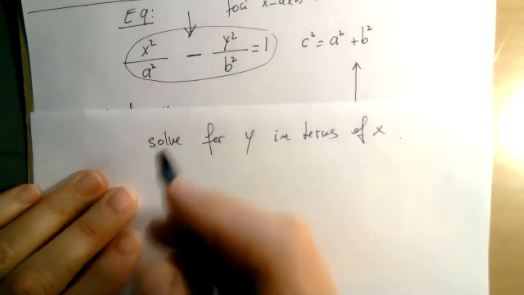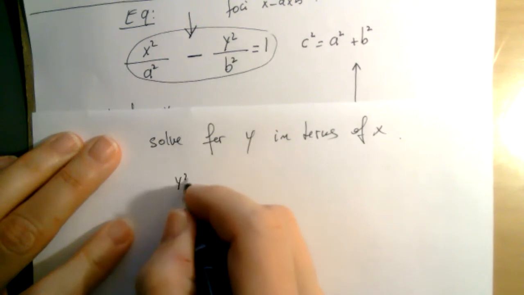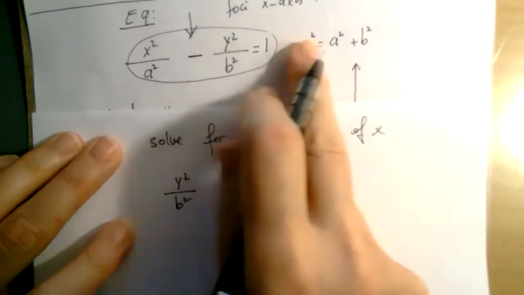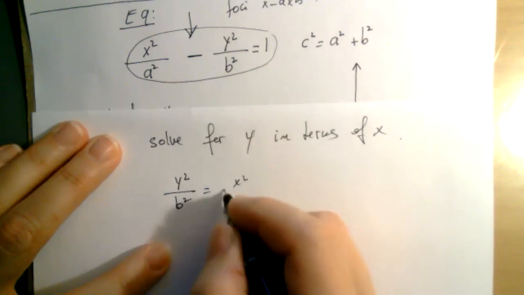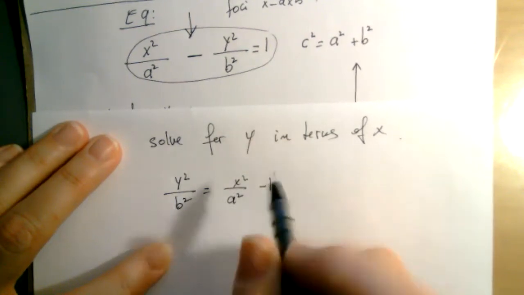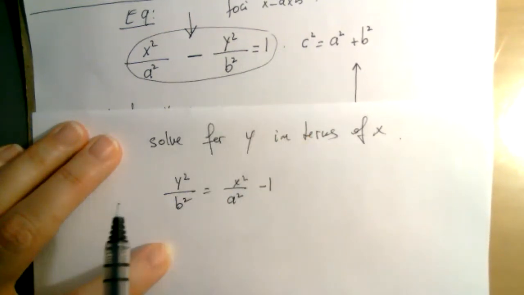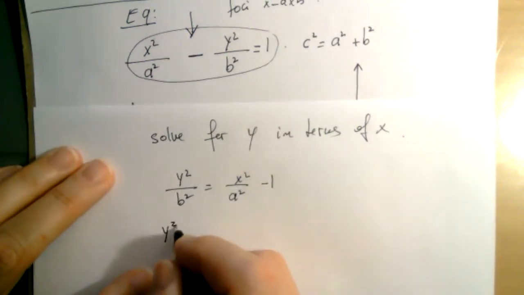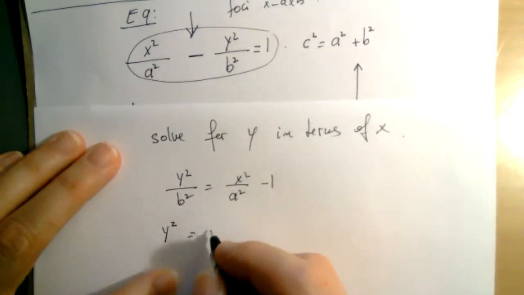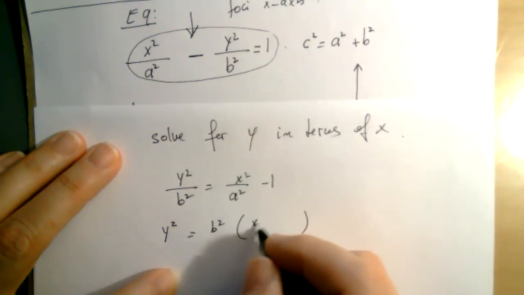All right, so I'm going to have y squared over b squared. I'm going to bring this here, which is going to be equal to x squared over a squared minus 1. So I brought y squared over b squared to this side, leaving me with that. It means y squared is b squared times this.